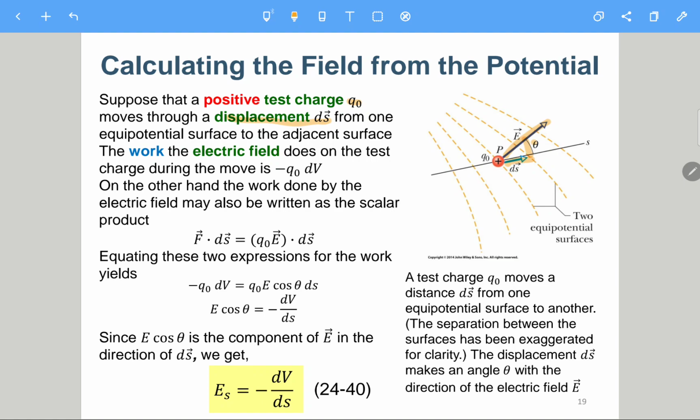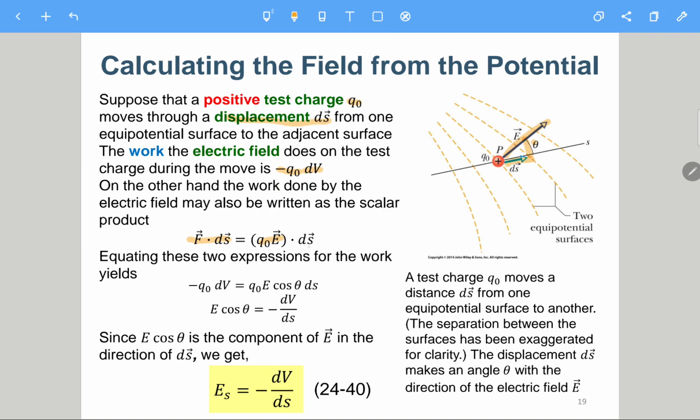The work the electric field does on the test charge during the move is minus Q0 dV, which is the negative of the potential energy change. So F dot ds is the work, and F is the electrostatic force, which is Q0 times E.